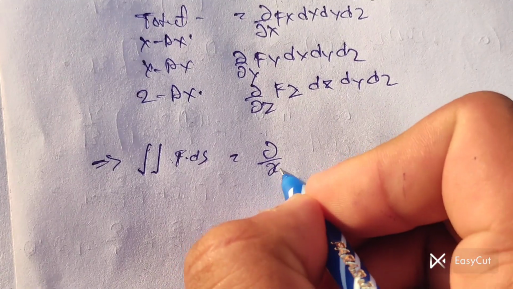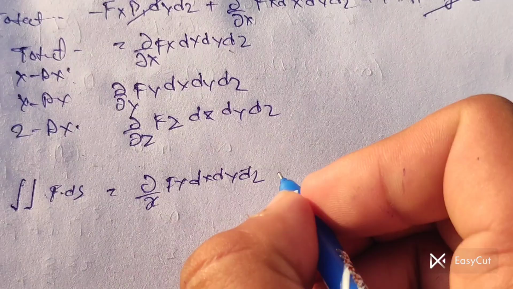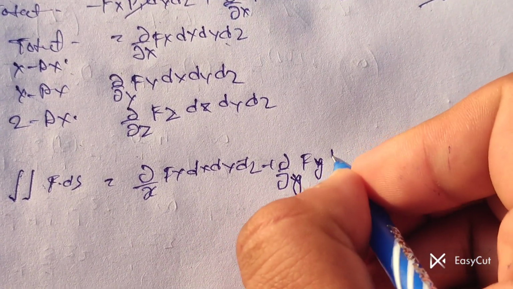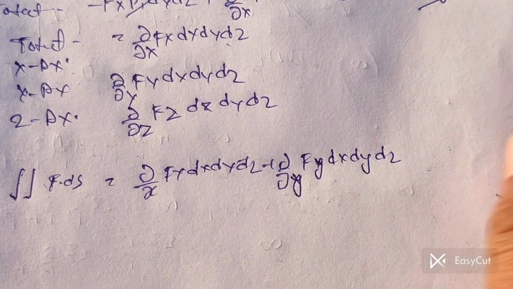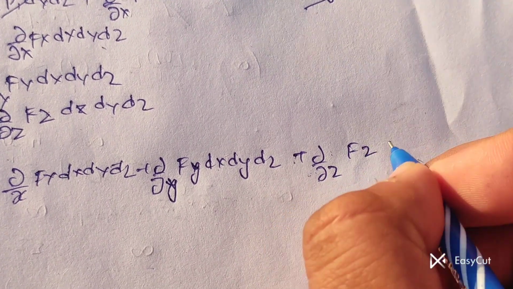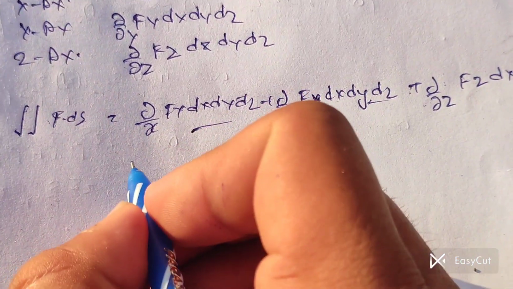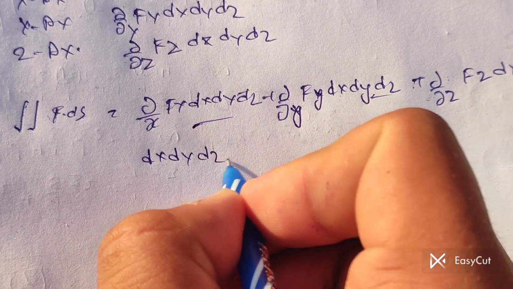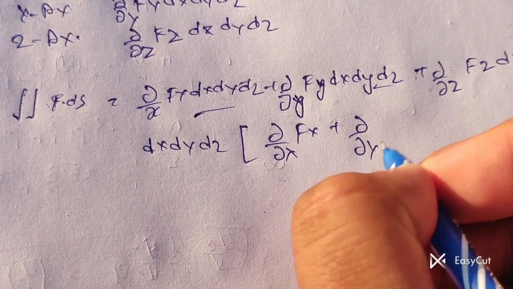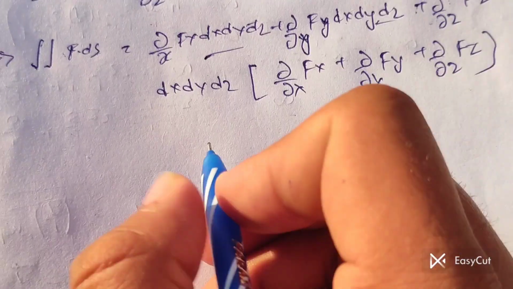So it becomes the partial of Fx with respect to x dx dy dz, the same for the partial of Fy with respect to y, and the partial of Fz with respect to z. Taking dx dy dz common, overall we get the partial of Fx with respect to x plus the partial of Fy with respect to y plus the partial of Fz with respect to z.